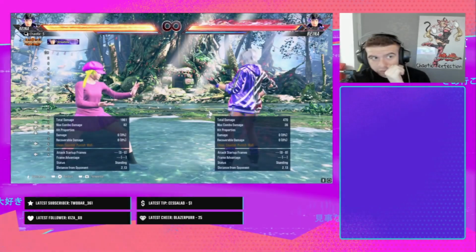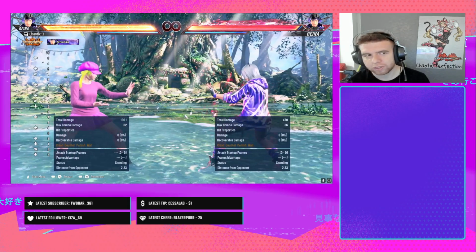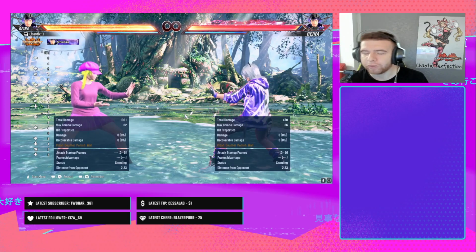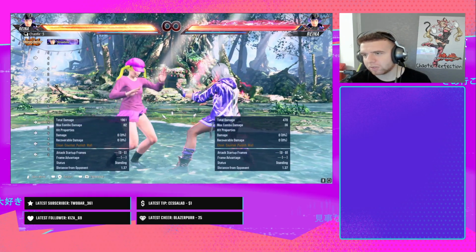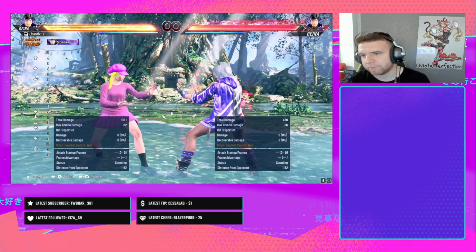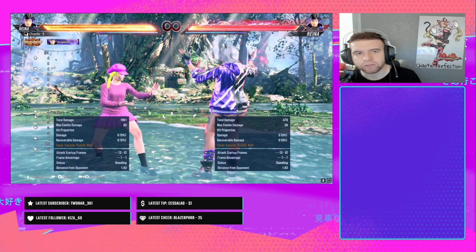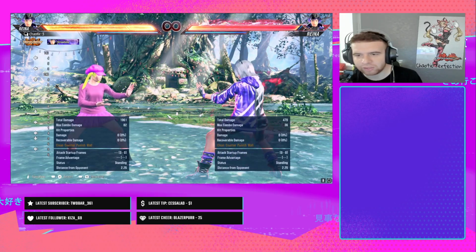So once you start really understanding the frames for your character, then when you're in matches, you can kind of just figure it out, because obviously no one knows the frames for every single move in this game. There's so many moves in this game, right?